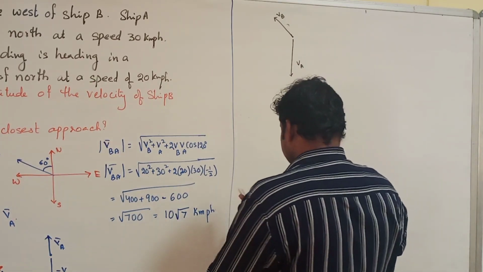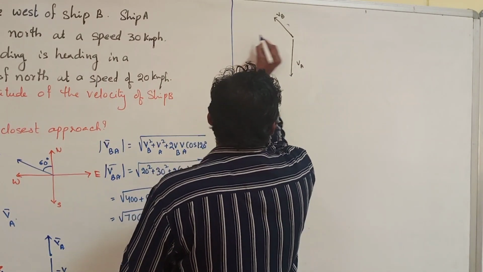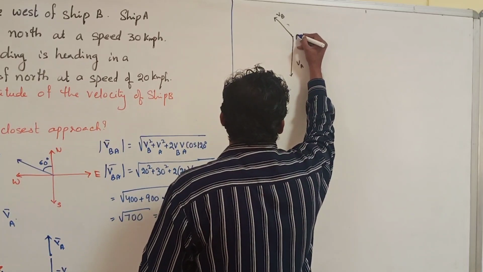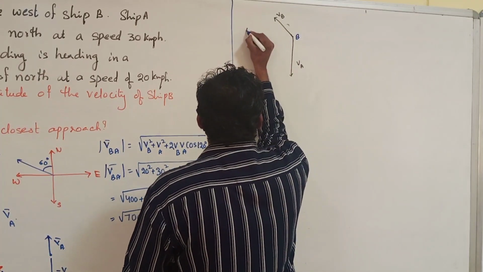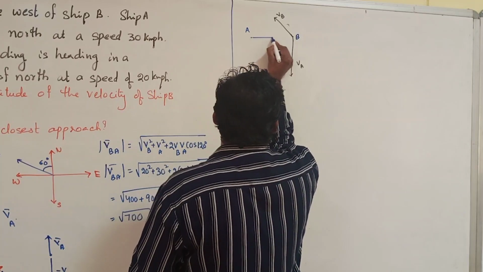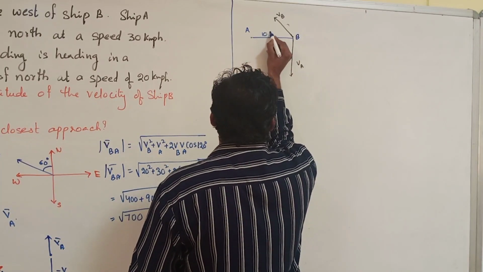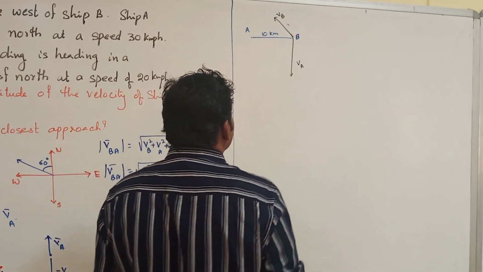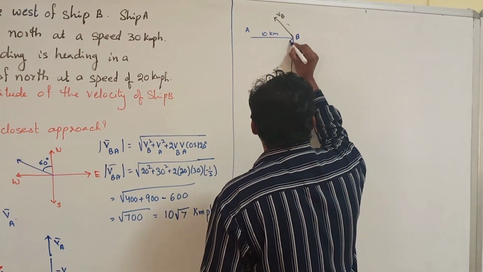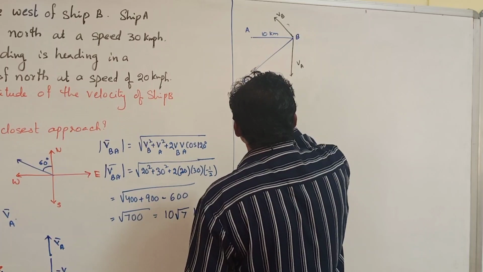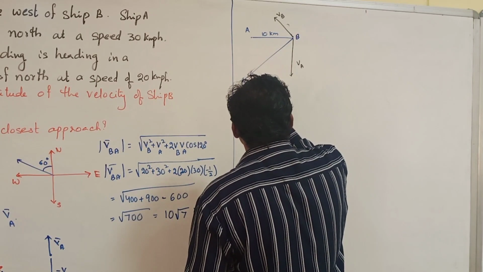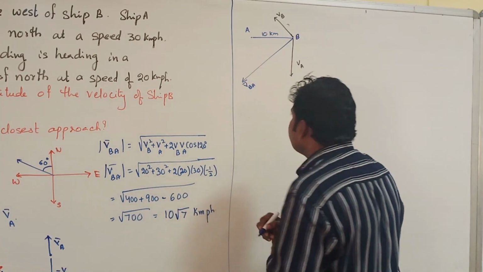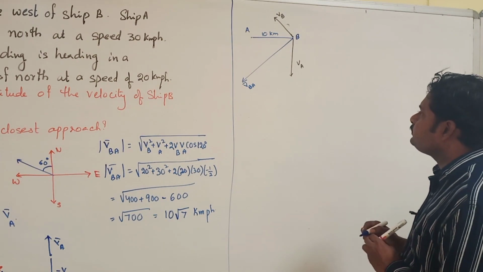Now this is a point where ship B is there, where ship A is there. The distance between them is 10 kilometers. And this is called the velocity of B relative to A. This is the VBA vector.